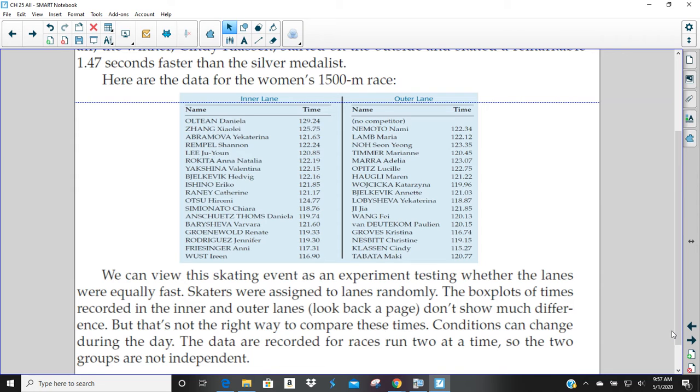So each group together gets paired together. I don't know how often they bring out a Zamboni. I'm imagining it's not every single time, maybe every fifth time, maybe every 10th time, maybe not at all. I don't know. But they are paired because each grouping is timed together.